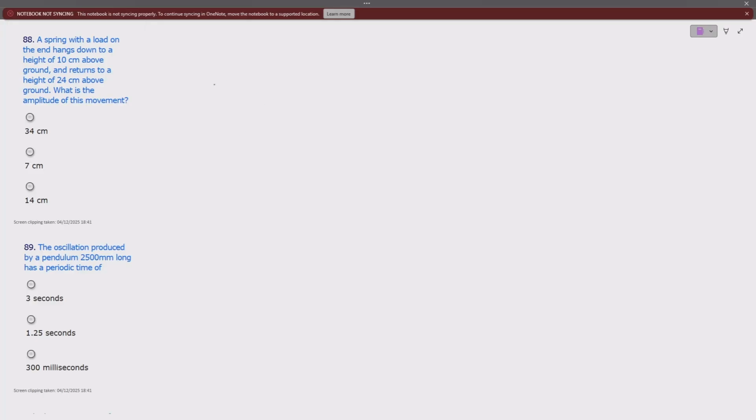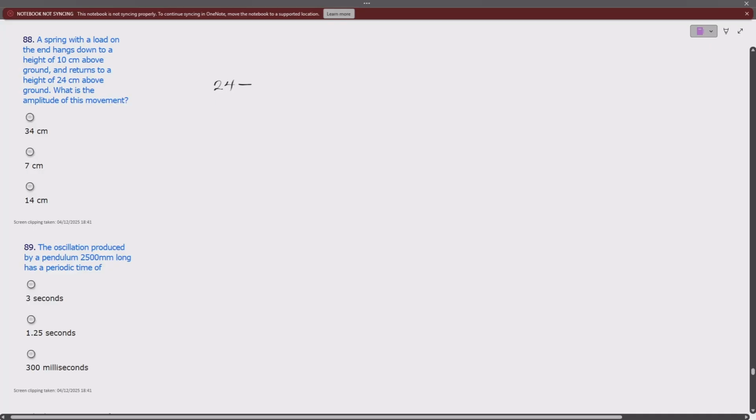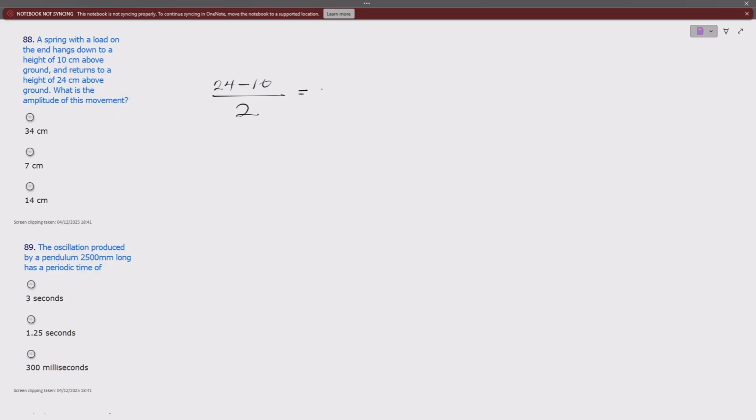So we're going to have 24 minus 10 divided by 2. That will give us 14 divided by 2. That will give us 7 centimeters.